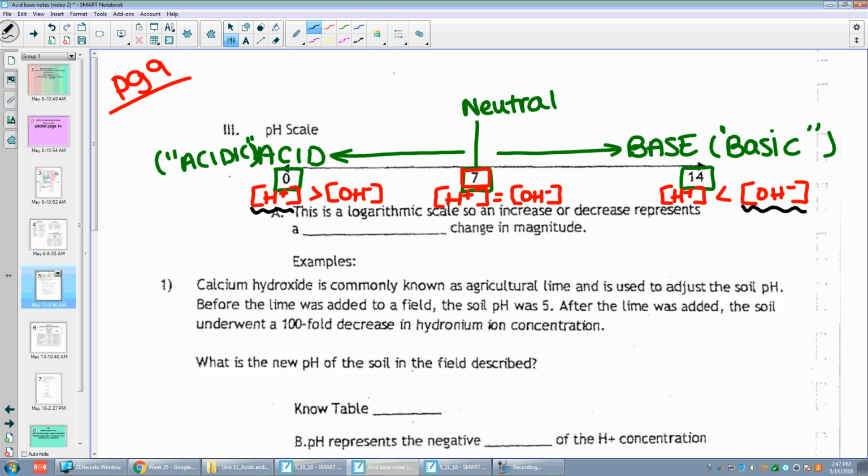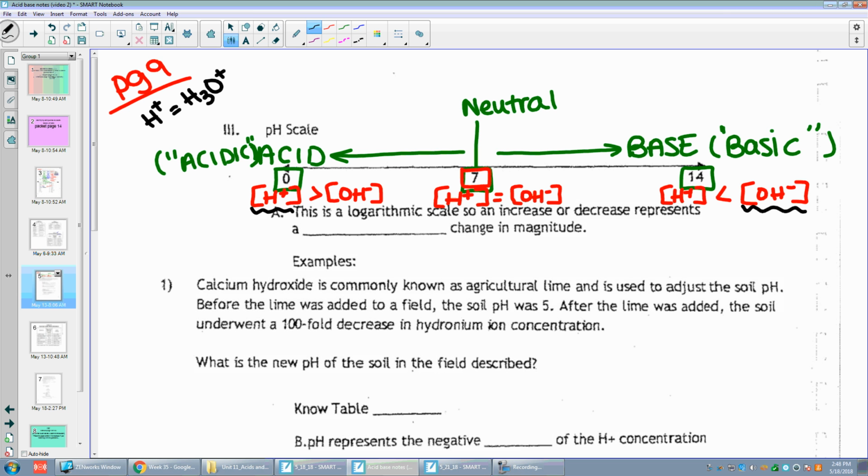I do want to also remind you that H plus is the same thing as saying H3O plus. So please do not let them trick you with that. H plus is the same thing as saying H3O plus. So I want to think about this in terms of moves, in terms of do I have more H plus or do I have more OH minus?